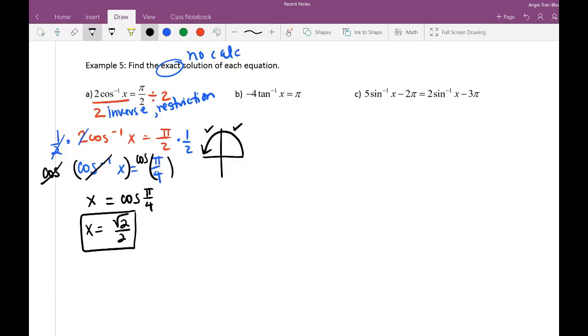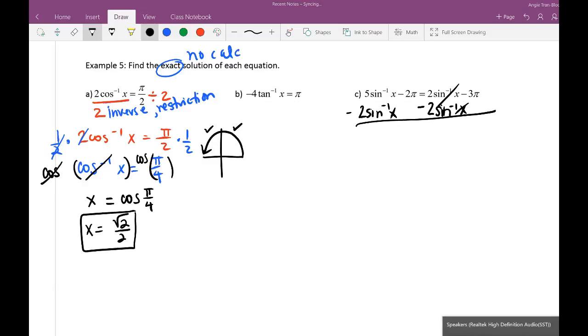I'm going to hop over and do example 5c because it looks really scary, would you agree? But it's not that scary. Again, the first thing in order for us to solve is to put all the x's together. So I'm going to move 2 sine inverse of x from both sides. Believe it or not, you can add and subtract these sine inverses.